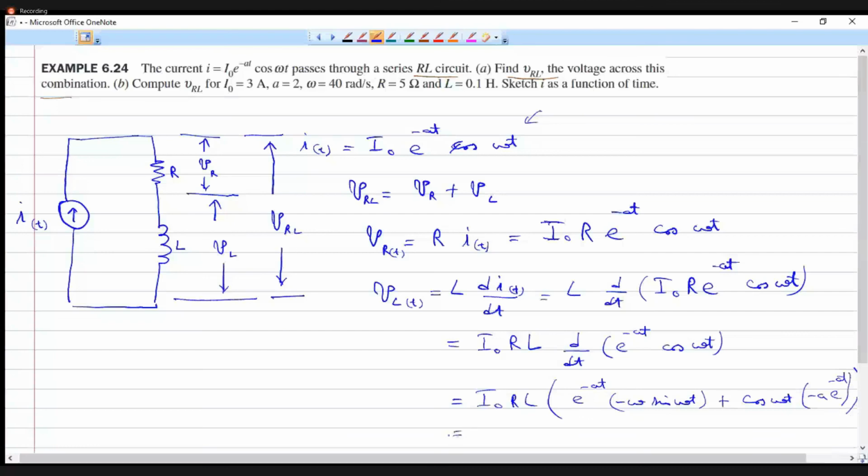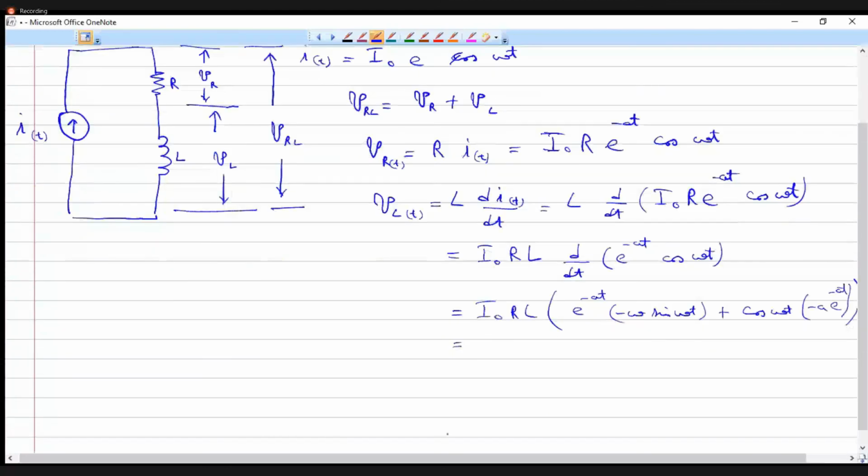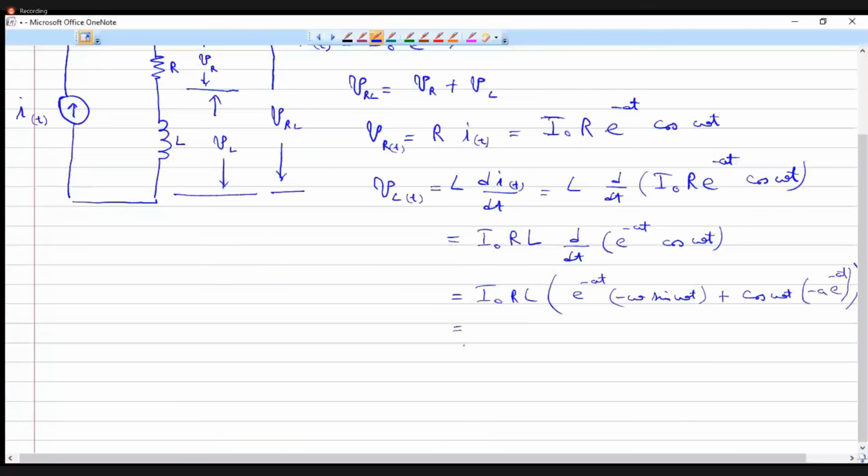Let's rearrange this. Minus is there in the first part as well as the second part, so I can take that minus outside. Sorry, where did this R come from?